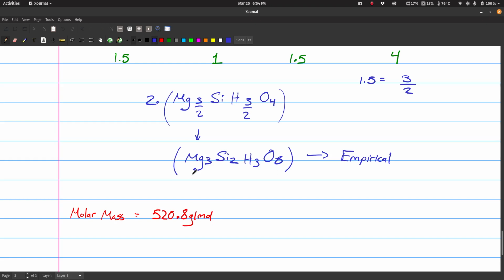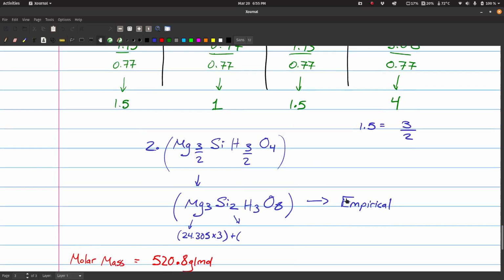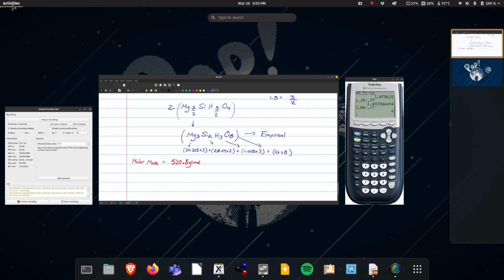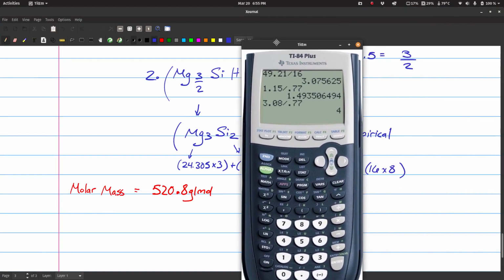So looking this up, we have 24.305 times 3 plus 28 times 2 plus 1.008 times 3 plus 16 times 8. I am going to just do this in the calculator. It's way easier.